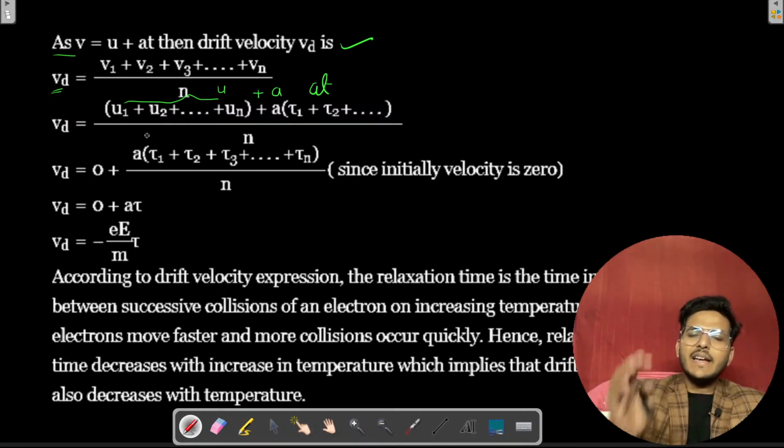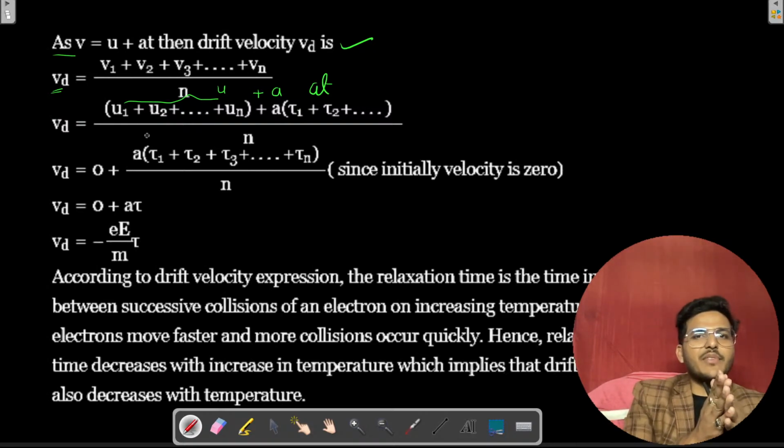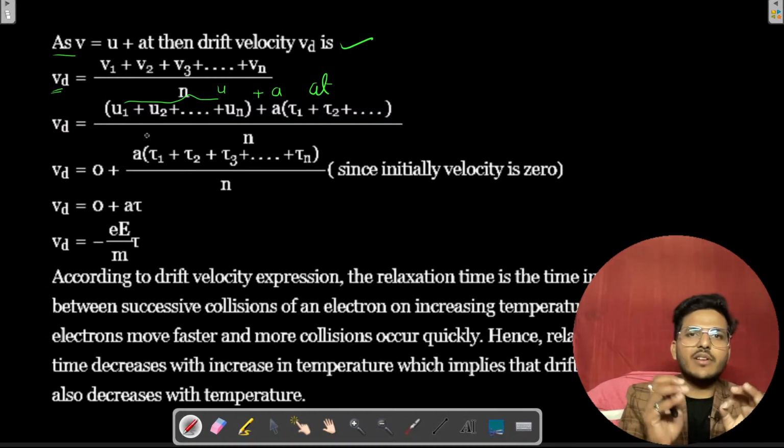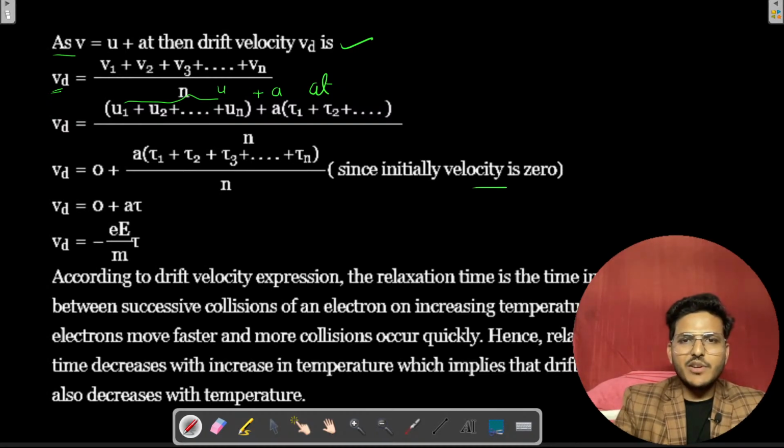The initial velocity of the electron is 0, so that first term is 0. Then a times (tau 1 plus tau 2 up to tau n) upon n, so that vd equals a tau.